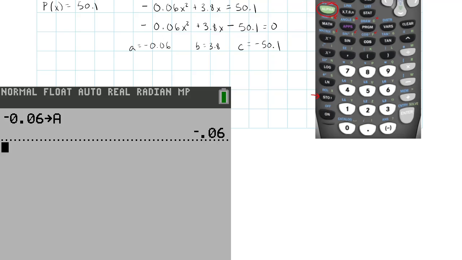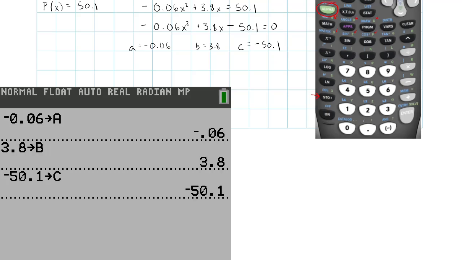That's showing me what I just stored. I'm going to do the same thing for B, 3.8, store alpha B, enter, negative 50.1, store alpha C, enter.